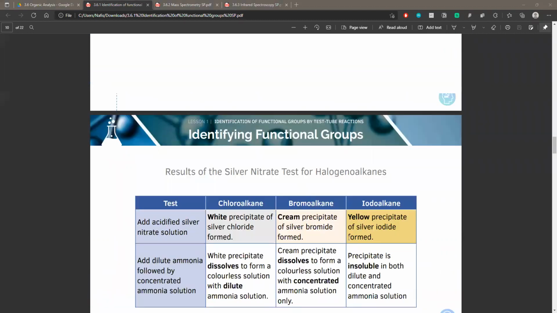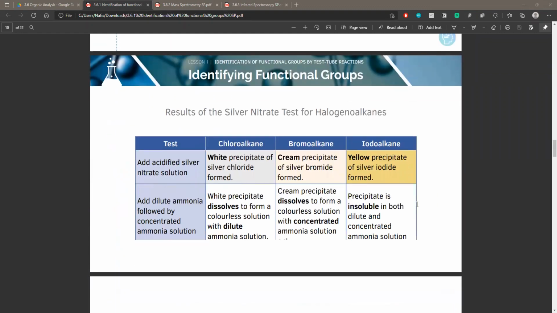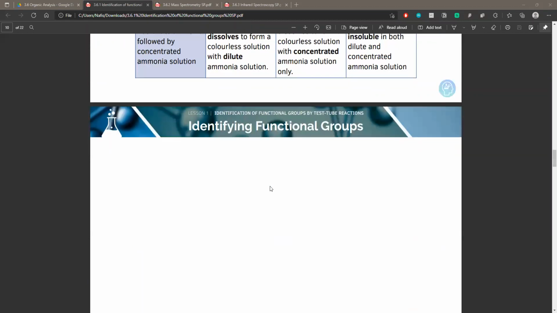So it's the same process that you've probably done time and time again. You add silver nitrate with nitric acid, as well as dilute and concentrated ammonia, to tell the difference between some of these that might appear quite similar. Obviously, it's basically the main difference between white and cream.